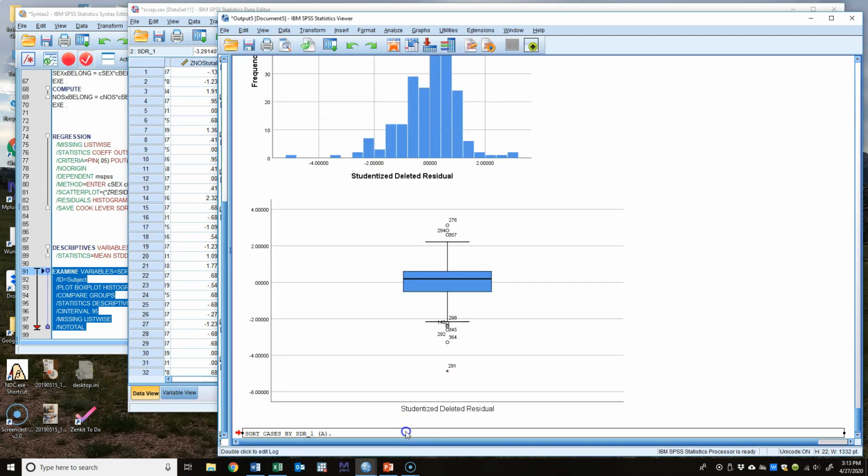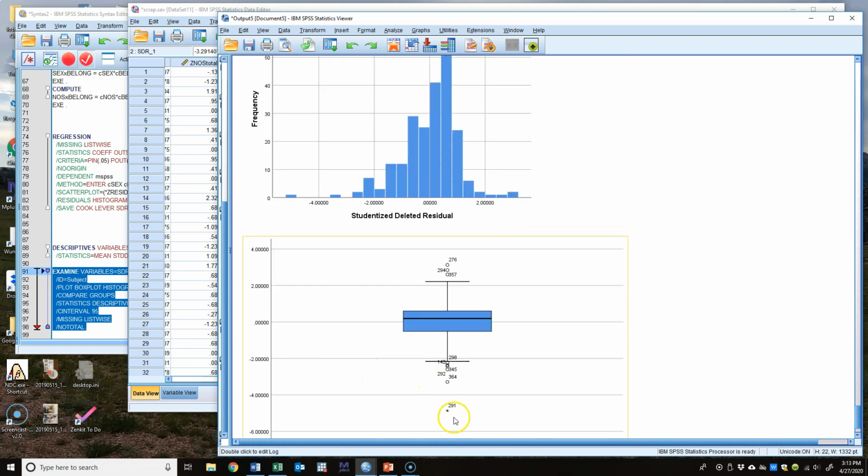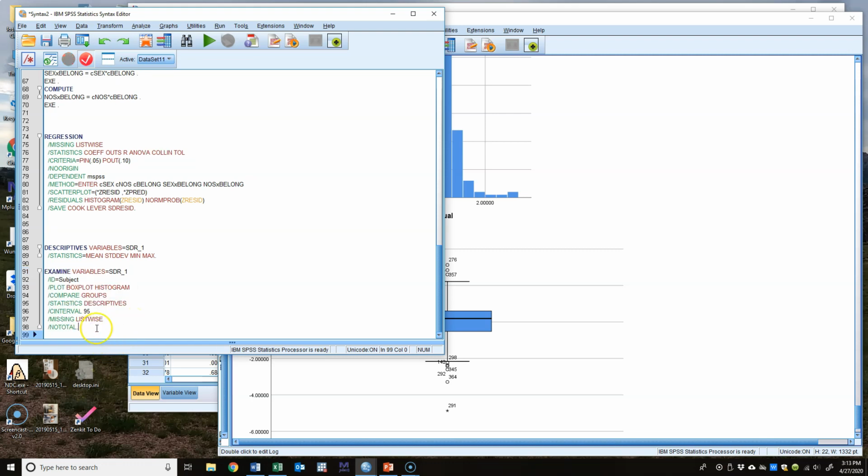So these are probably the two cases out of all of these, and everything else is part of a continuous histogram here. So we might flag these two as things to keep an eye on. Just because we have a large residual, remember, doesn't mean that we necessarily have a problem, but it's something to record and keep an eye on.